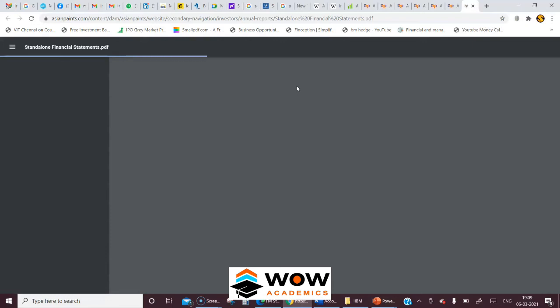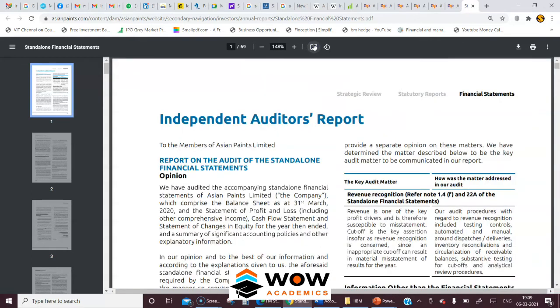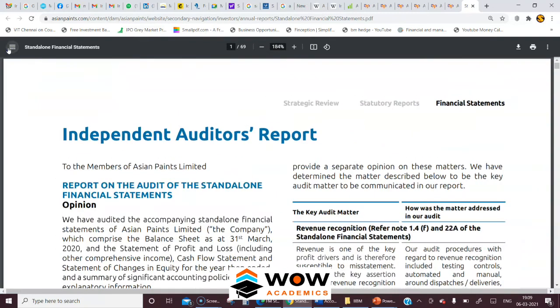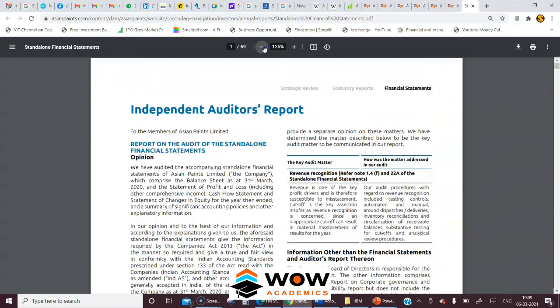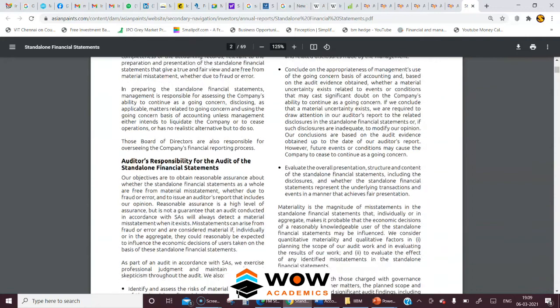Now we'll see the financial statements. The financial statements will help you understand things much better. So let's see how it works. We'll first see what their financial statements are.